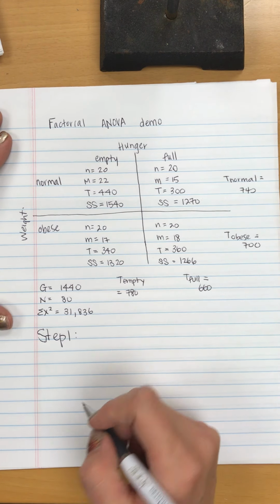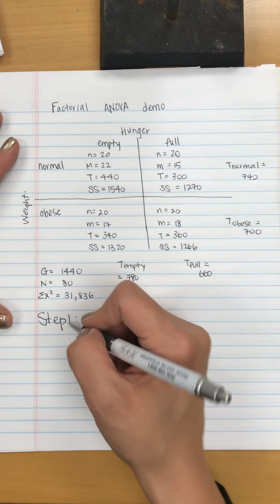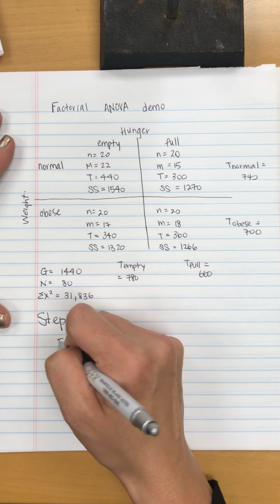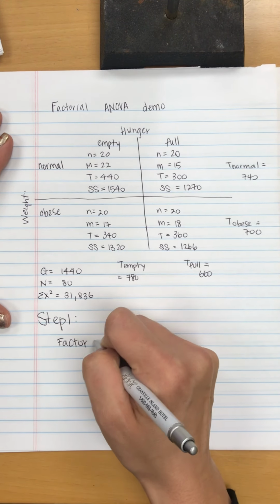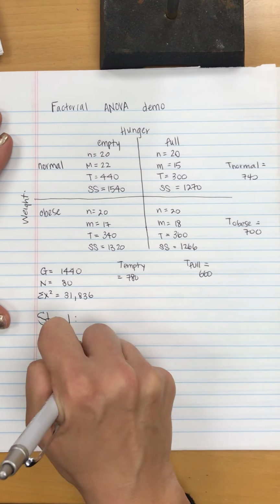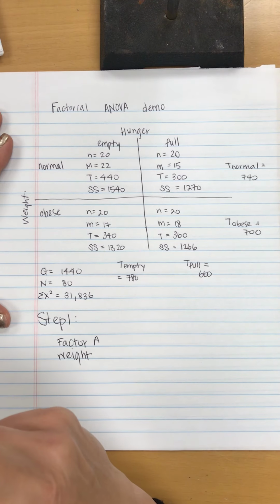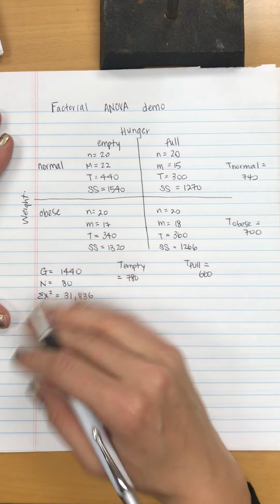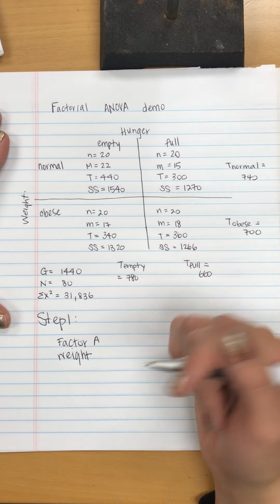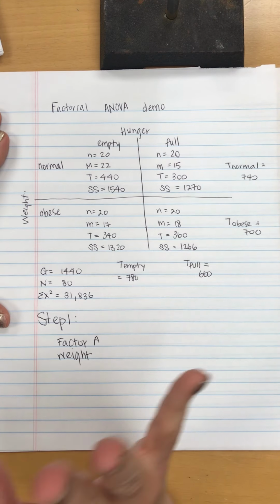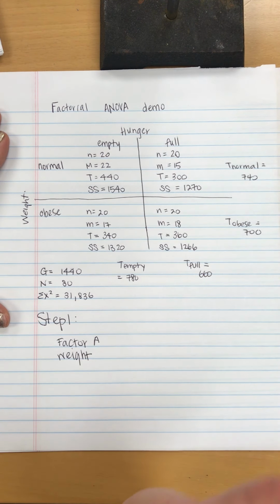So for the first factor, factor A is weight. We've got a null and we've got an alternate. And these are going to be two-tailed tests because it's not otherwise specified, and so our default is always to have a two-tailed test with an alpha of 0.05.